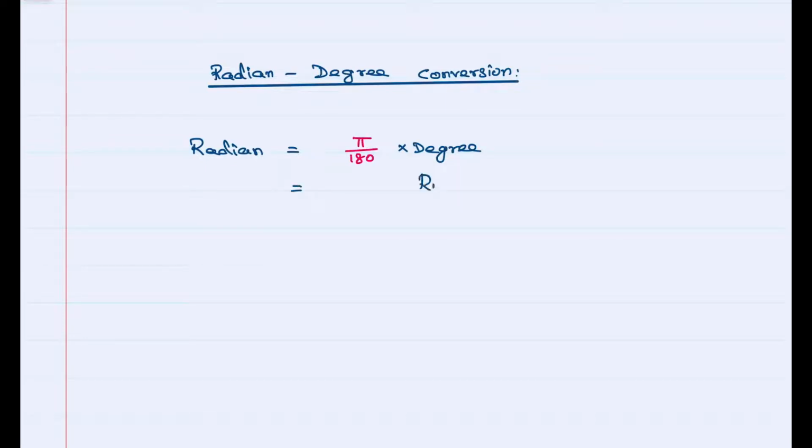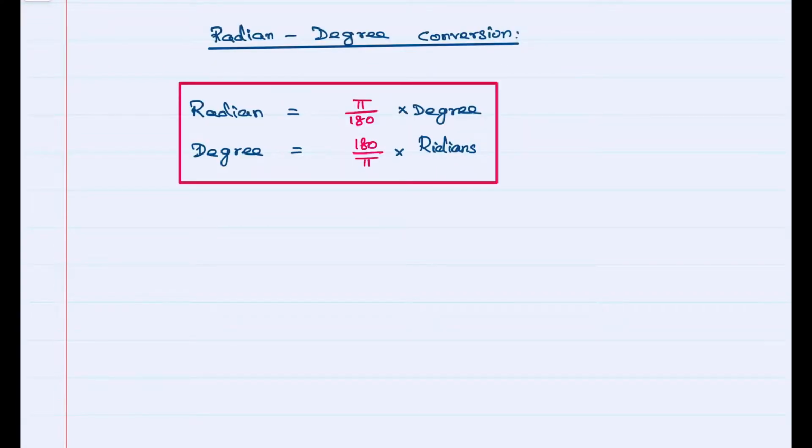And to convert radians into degrees, we multiply the radians by 180 over pi. It is easy to remember these formulae. To get the answer in terms of radians, keep pi in the numerator. So, we multiply by pi over 180. To get the answer in terms of degrees, we keep 180 in the numerator. So, we multiply by 180 over pi.